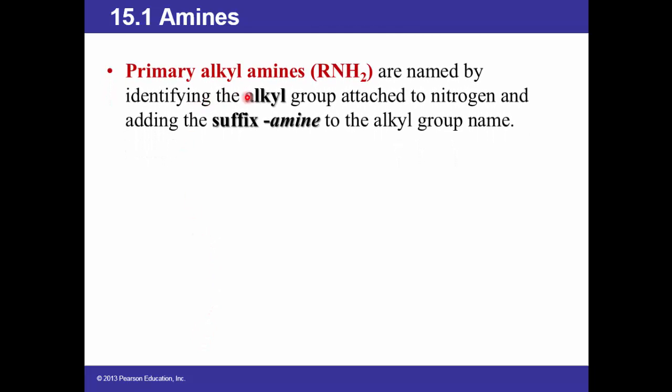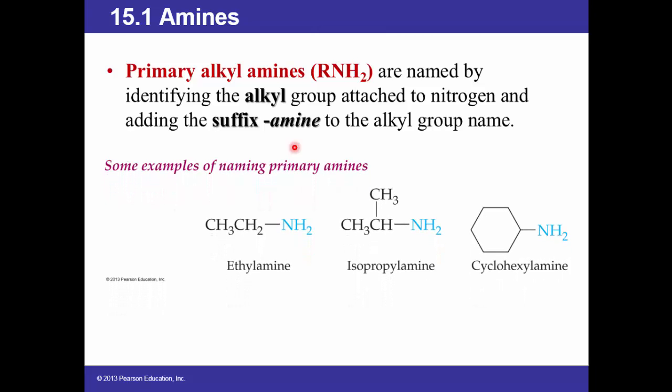Now, primary alkyl amines are named by identifying the alkyl group attached to nitrogen and adding the suffix amine to the alkyl group name. Some examples of naming primary amines here. So here we have two carbons.